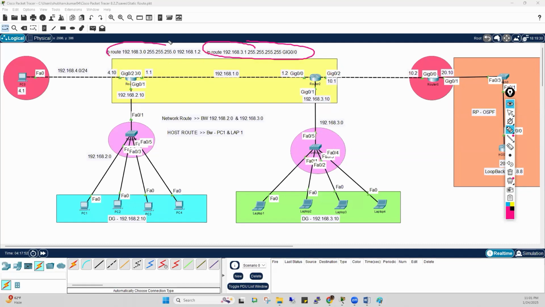If you want to use the next hop, you can use this command. Clear? So guys, that is called a standard static route. I hope you guys understand the standard static route by using the next hop and the exit interface. What do you mean by network route? What do you mean by host route? I hope you guys understand very carefully. Clear, guys? It's clear.